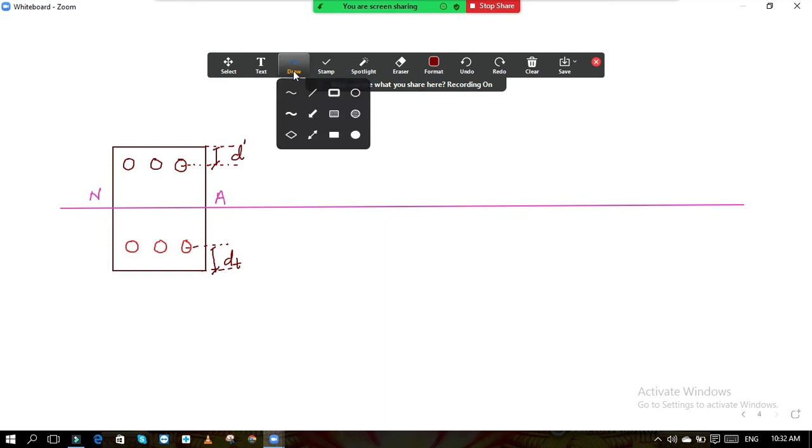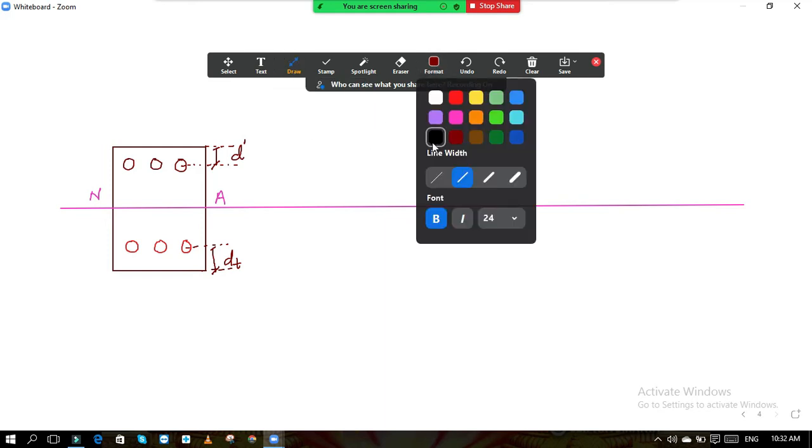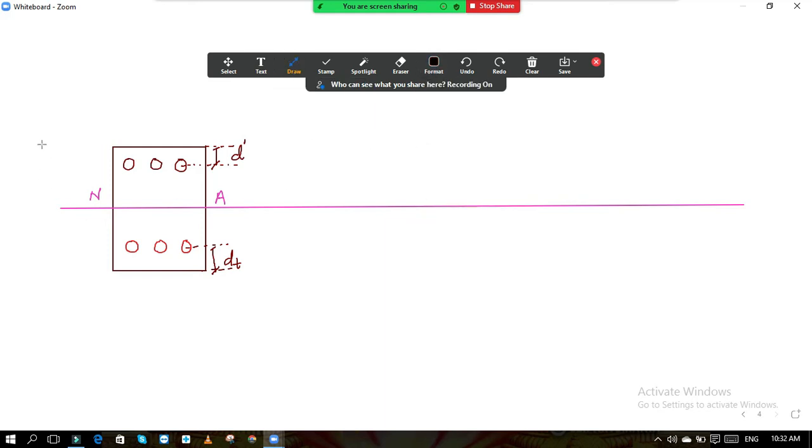Okay. Now the dimensions: this is your overall depth, and this is your width, and from here up to the center of this bar, this is your effective depth.